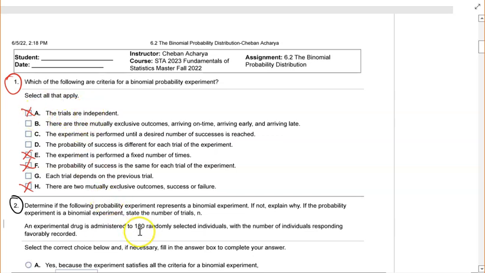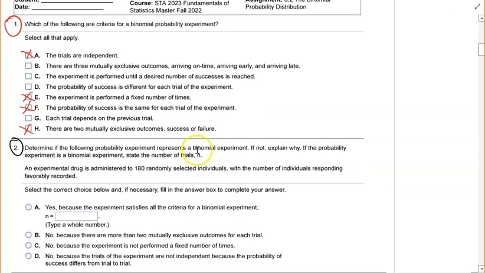Also, you might see that there are two mutually exclusive outcomes, either they respond favorably to the drug or not. That's why all four criteria are satisfied, and the answer is going to be yes. A is the answer. Yes, the experiment satisfies all the criteria for a binomial experiment, and n equals 180 because there are 180 randomly selected individuals. Okay.